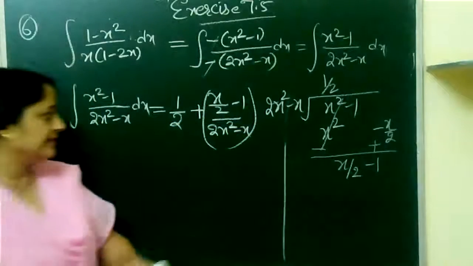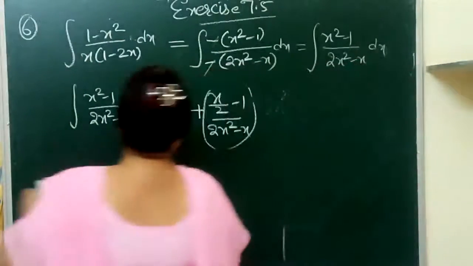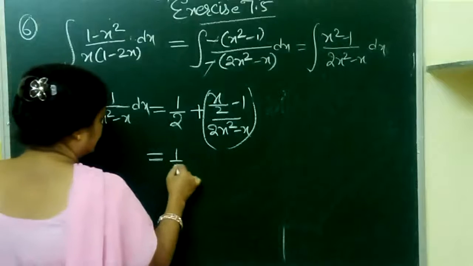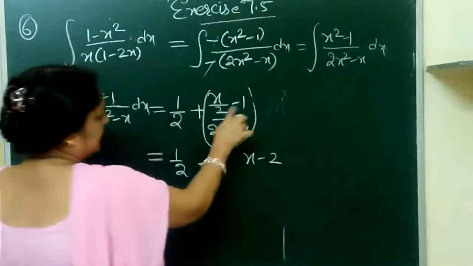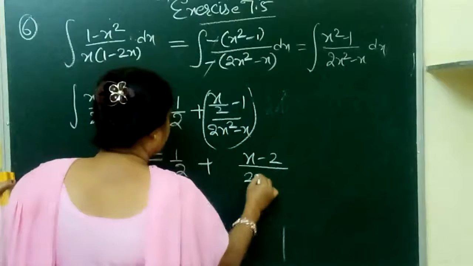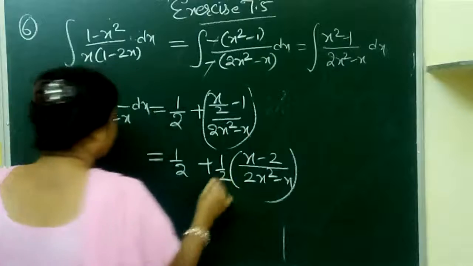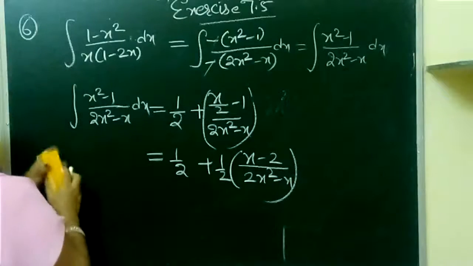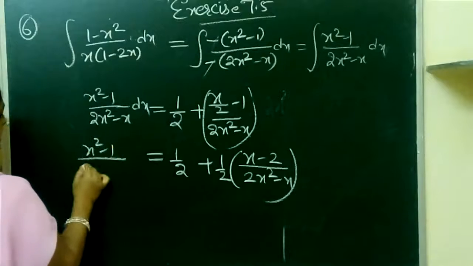After that we can write here 1 by 2 plus, now taking LCM, (x minus 2) upon 2x square minus x into 1 by 2. Take care in this step. After that we will write the integration sign.